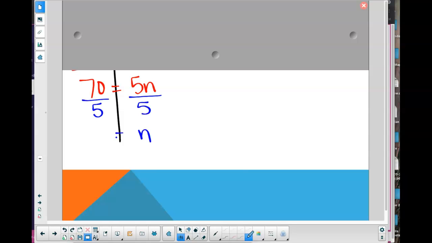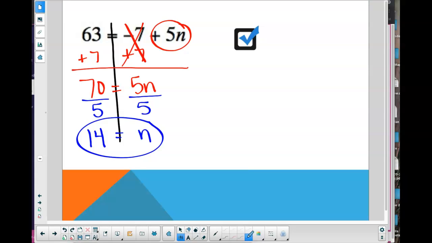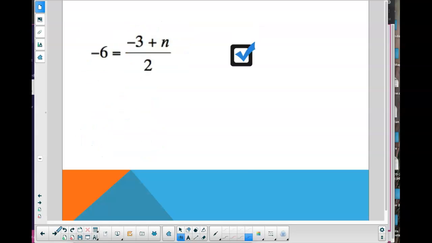So n equals, what's 70 divided by 5? Caleb? 14. There's your answer. So n equals 14. Questions on that one?